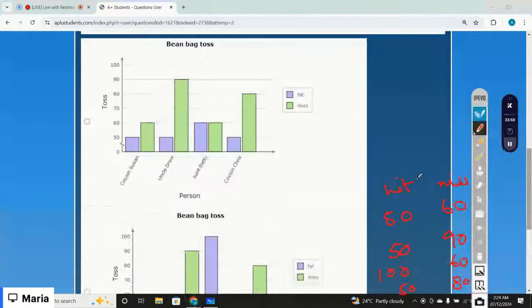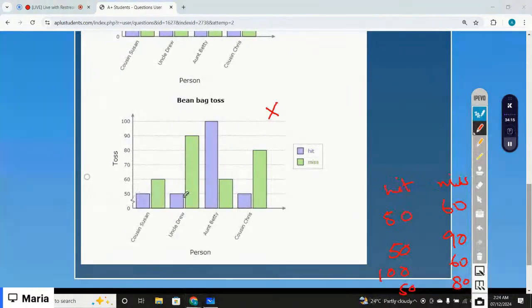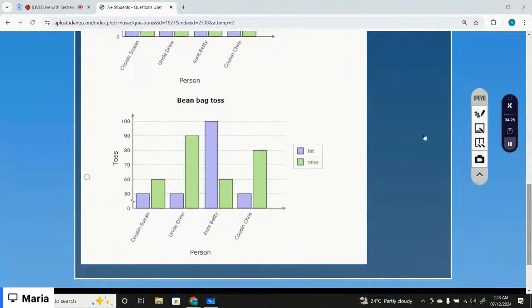First one, 50 hit and 60 miss, 50 hit and 90 miss, that isn't the correct option because you don't have 160 over here, right? So let's look at the second one. That is the correct option. 50 and 60, 50 and 90, 160, 50 and 80. Option number 2 is the correct option.